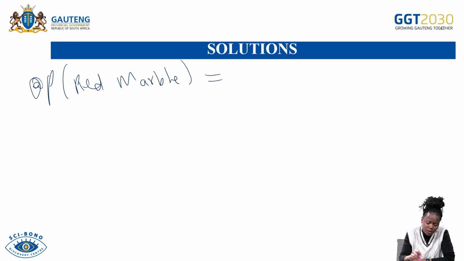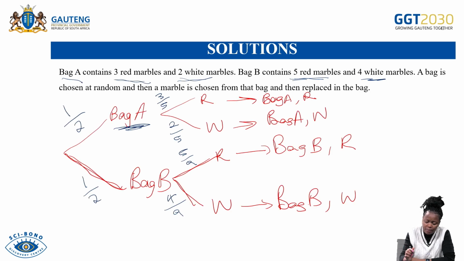is going to be equal to, you go to your tree diagram, you get a possible outcome, or the event, of bag A and the red marble, right? That's the first outcome. And then you've got bag A and the white. We are not looking for the white, so the white is out.